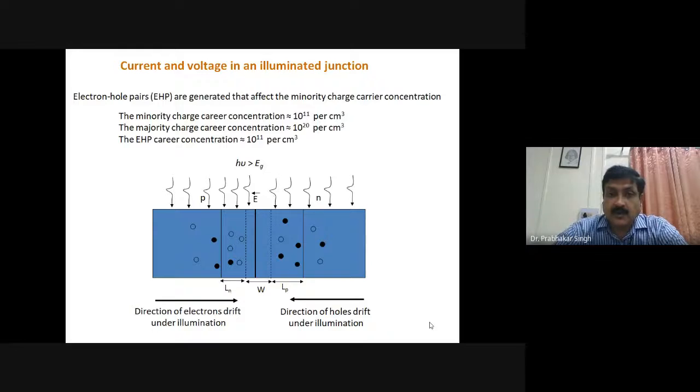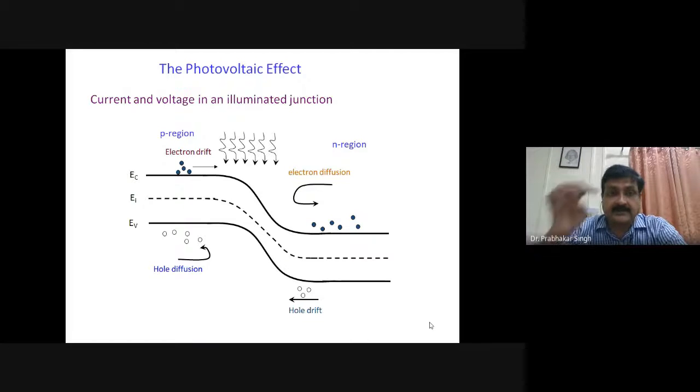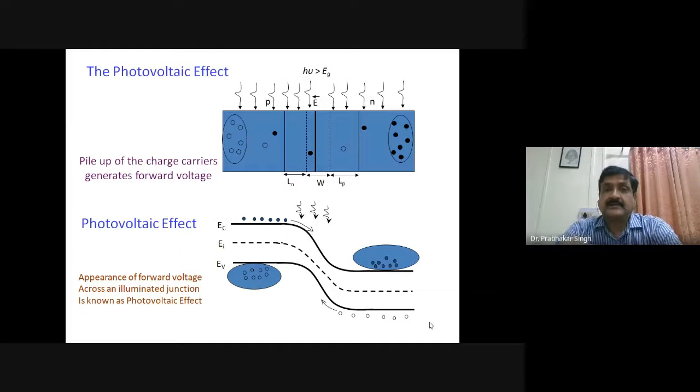Now, when the light is there, the electrons from the p region, which are the minority charge carriers, will come to this band, and they will go simply to this region. Similarly, the holes from the n region, which are the minority charge carriers, will come into this field, and they will go to the other region. So this is a kind of hole drift to this region and electron drift to that region.